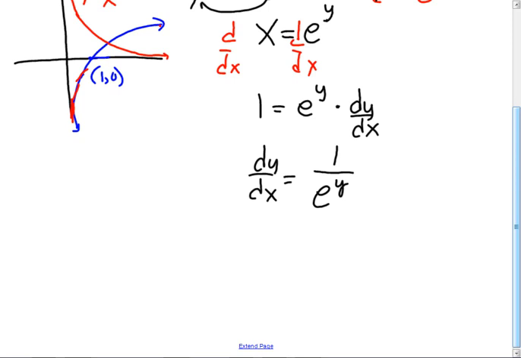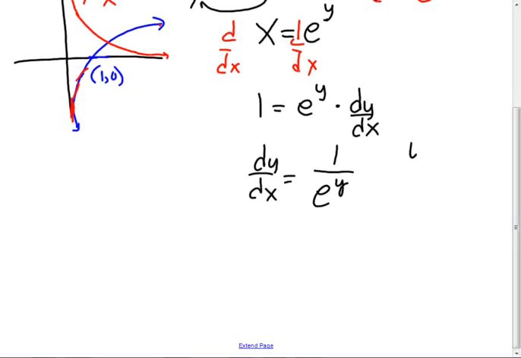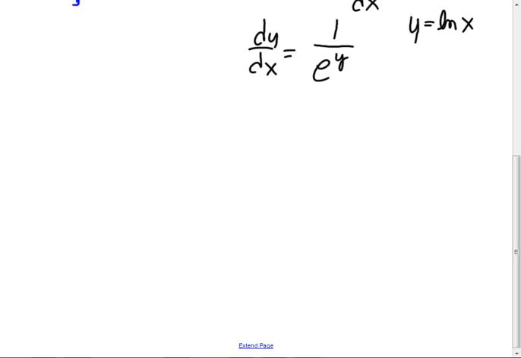I have forgotten what y was. What was y? y was the natural log of x, right? Let's go ahead and put that back in there because we can. So dy dx is equal to 1 over e to the y, but that's the natural log of x. What is that? 1 over x.